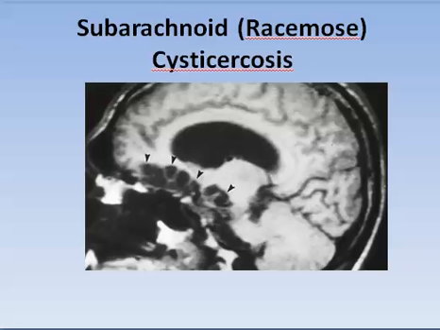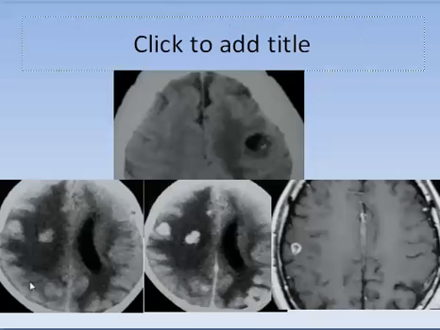Here it is. Now we have multiple cysticercosis cysts with massive surrounding edema. That means that it is the dying larva. Dying larva gives intense tissue reaction. Thank you.